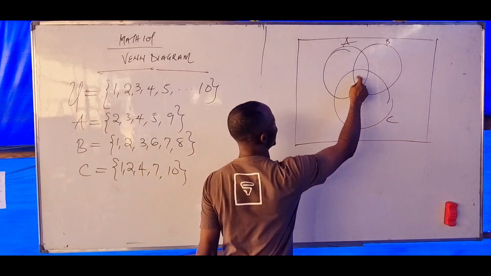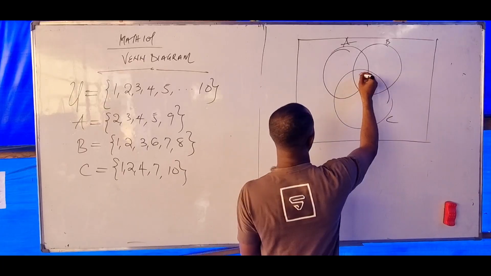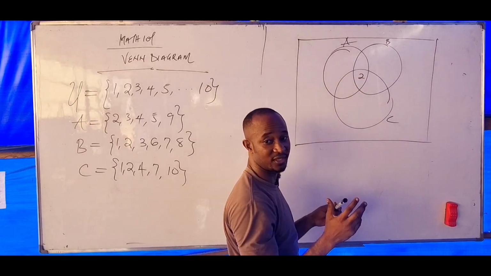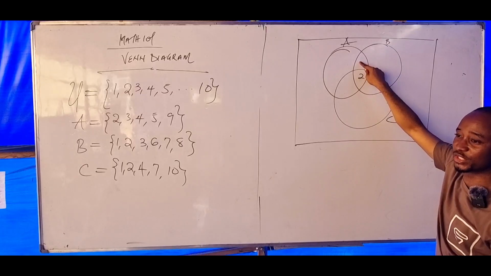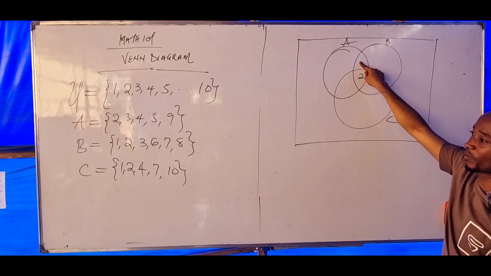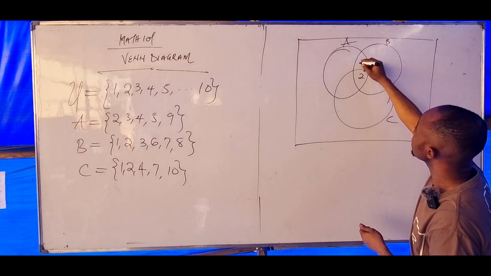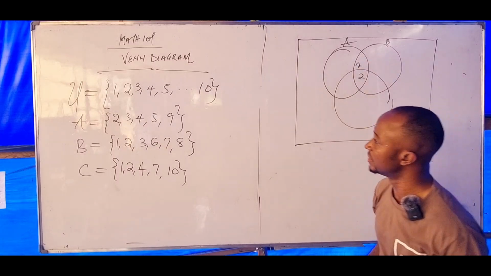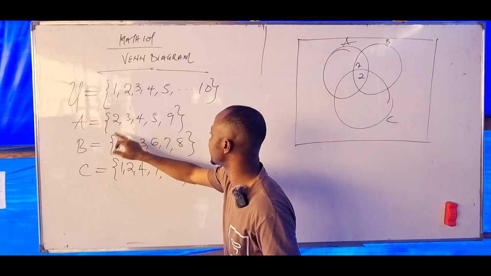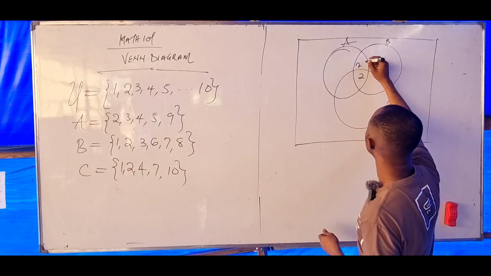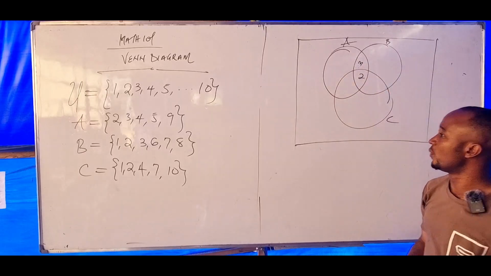Between A, B, and C, what's common? 2. I'll put that 2 here. Between A and B, what's common? 2 and 3, right? 2 is already here, so I'll bring out 3 here.